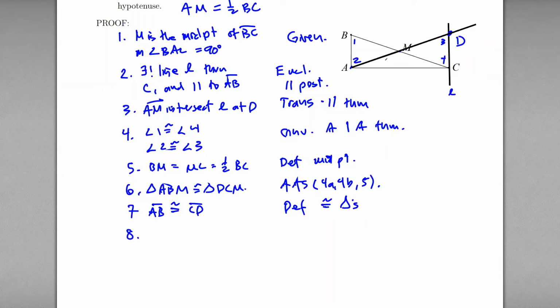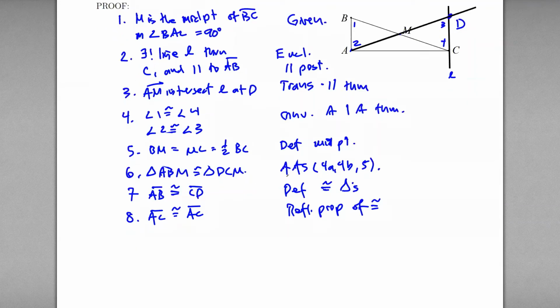Okay, so with that, we have side and side. We know that both of these are right angles, so we can recognize that AC is congruent to itself and get side-angle-side. So line segment AC is congruent to line segment AC because of the reflexive property of congruence.